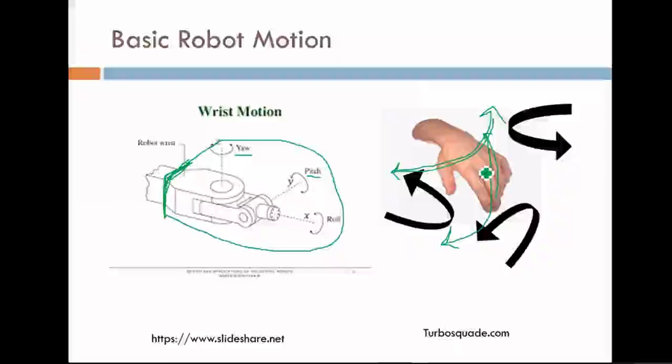In our hand there are constraints, but in the motor there are none. So this motion is called the roll motion. It rotates continuously in the anti-clockwise or clockwise direction. So that is the third motion in our hand.